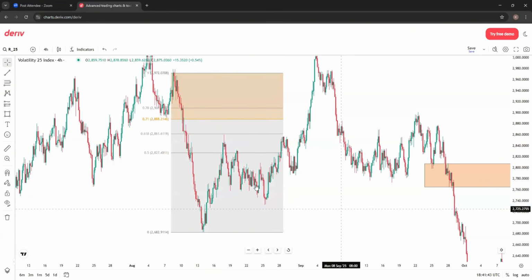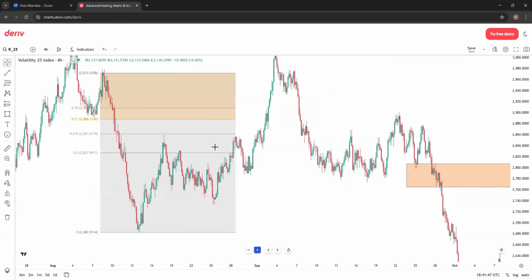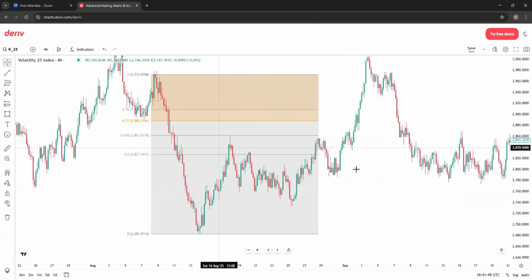This is not a perfect example where it played on the 0.50, but what you see is on the last one it came and played on the 0.71. But here it's coming and playing on the 0.618. What is it really there that we can say we want to sell there?